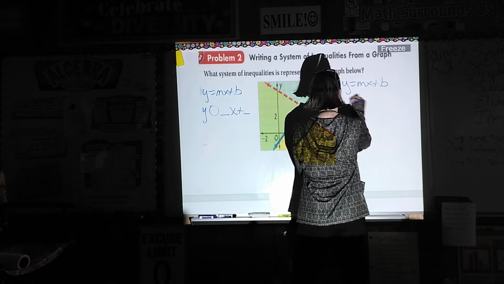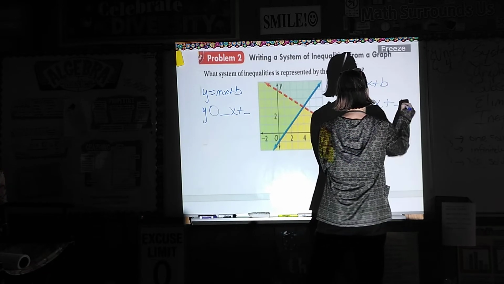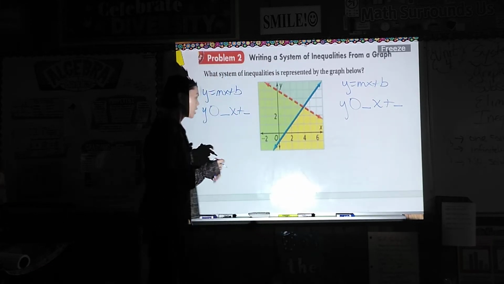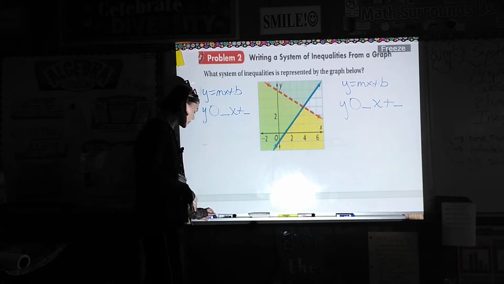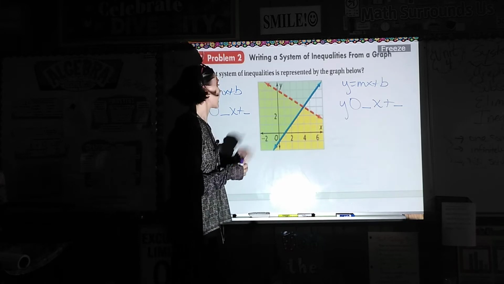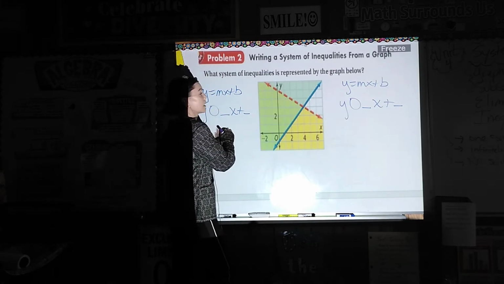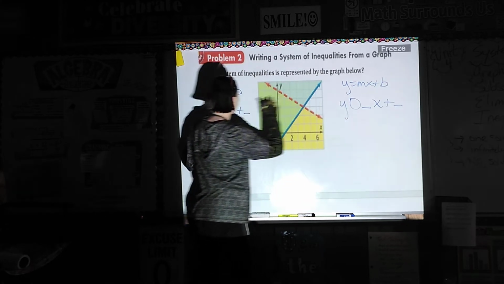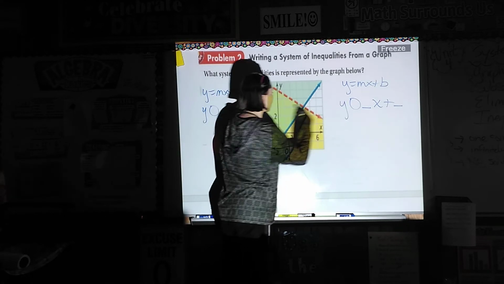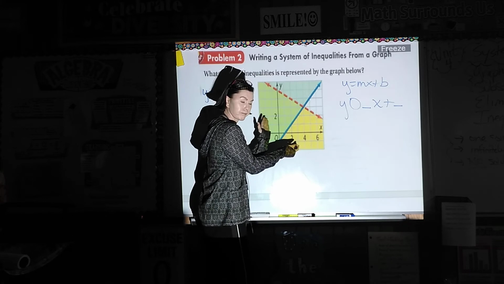Y, open circle, blank, x plus blank. Okay, here we go. We're doing the reverse. They're giving us the answer, and you need to write the two inequalities that represent this system.